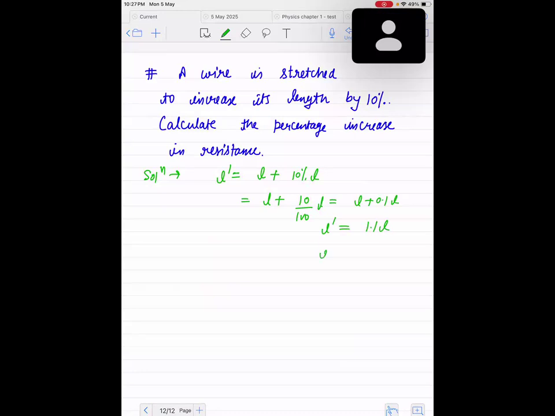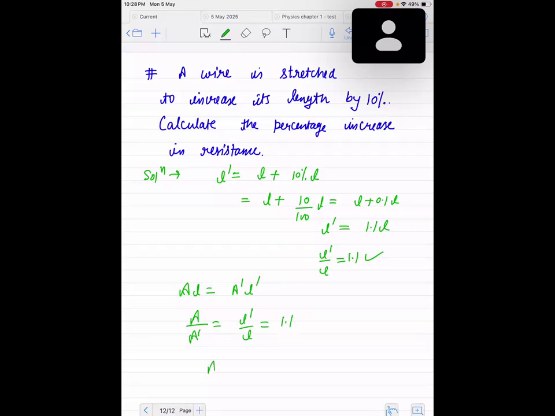So the ratio of L prime upon L is 1.1. You know that the volume is the same, so AL is equal to A prime L prime as usual. So A upon A prime is L prime upon L, which is 1.1.